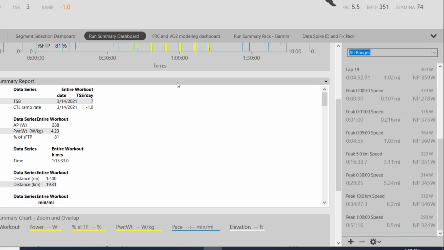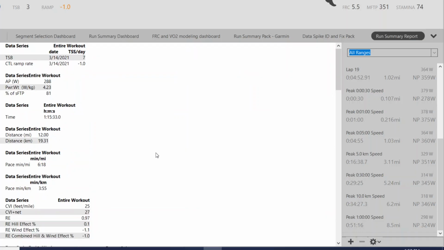That's like maximizing the chart or zooming in on that particular chart. So watch as I double click on there, it brings the whole report up, and that's the whole thing on the screen in the middle where the report is.